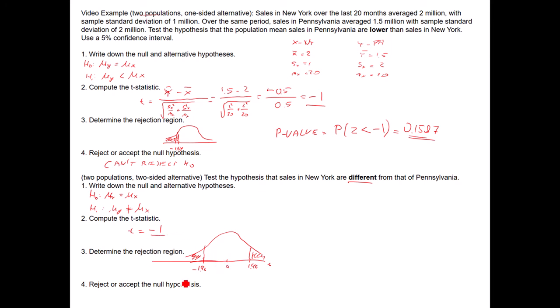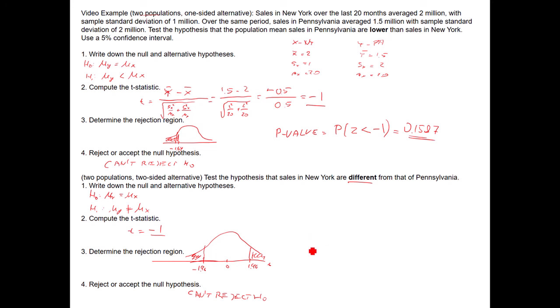In our case, the computed test statistic is -1. It falls into the acceptance region, and so we again conclude that we can't reject H0. We accept H0, that the sales in New York and Pennsylvania are statistically the same.